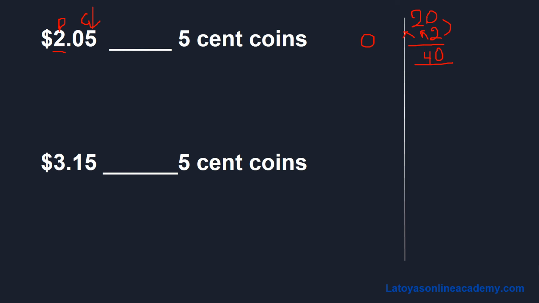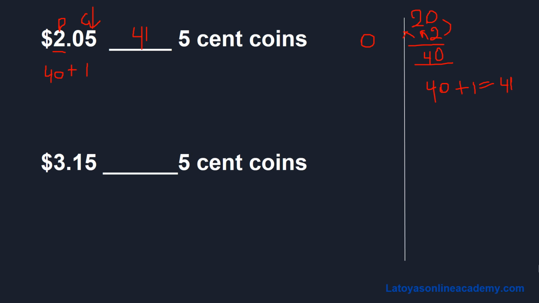So we have 40 5-cent coins here plus 1 5-cent coin here. So what we need to do is add 40 plus 1 will give us 41. So we have a total of 41 5-cent coins in $2 and 5 cents.